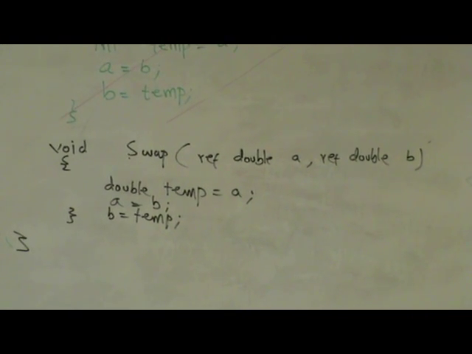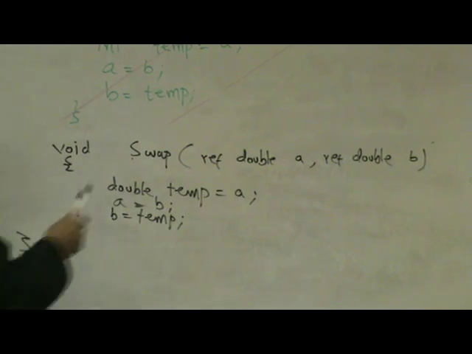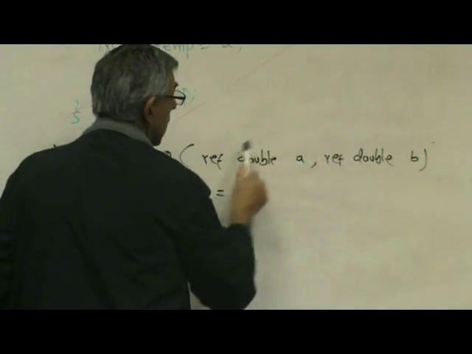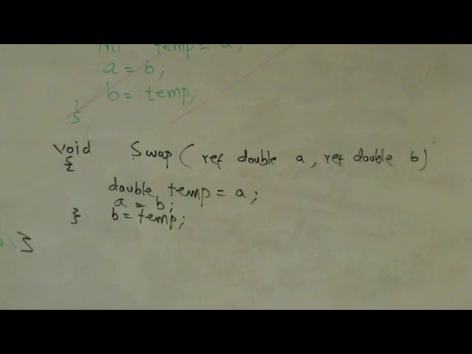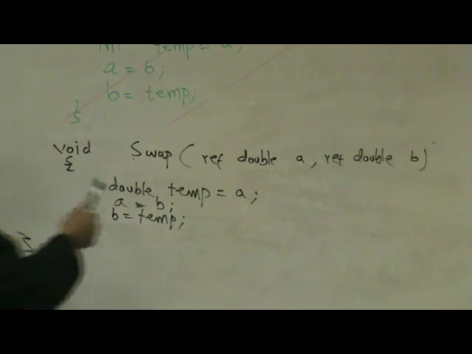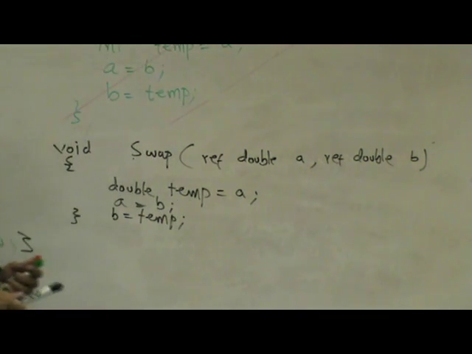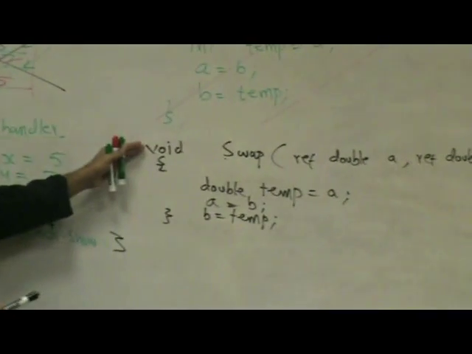What's the rule for overloading? As long as the parameter data type is different or the number of parameters is different. In this case, both have two parameters, but these are integers and these are doubles. So that's perfectly okay. How will our calling code look if we wanted to call this one?